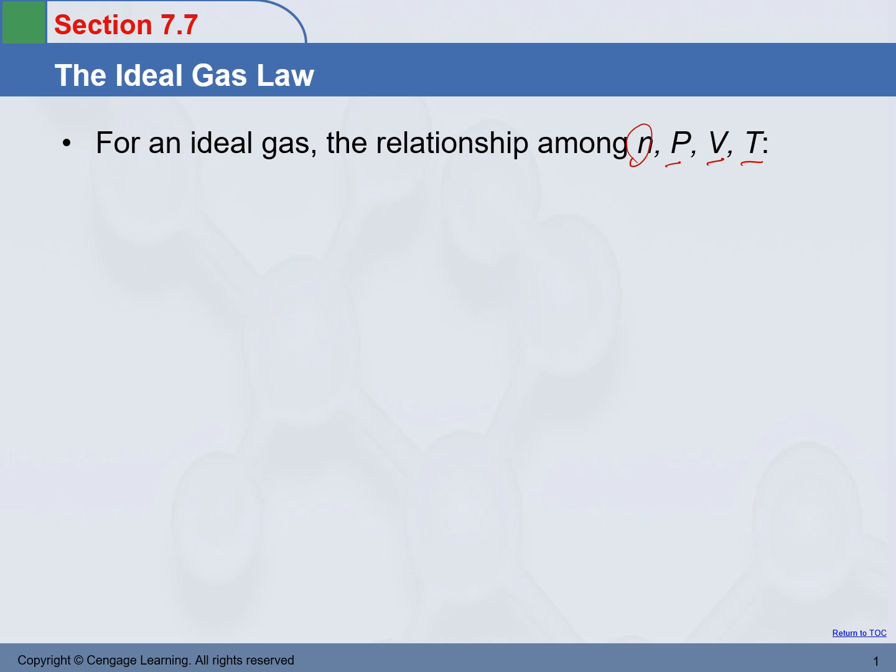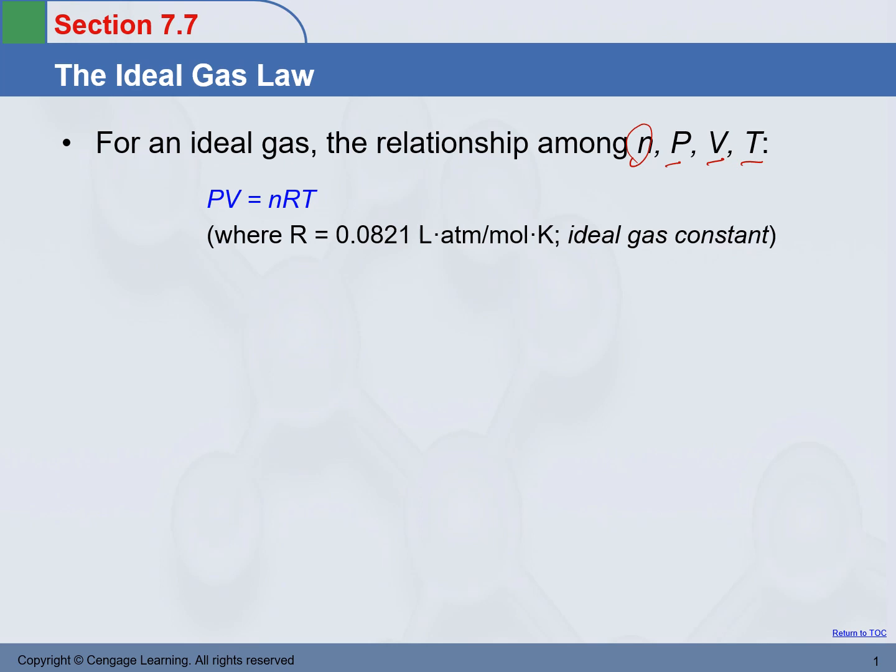This relationship is expressed in the ideal gas law. PV equals nRT. The product of pressure and volume equals the number of moles of the gas times a constant R times the temperature in Kelvin.